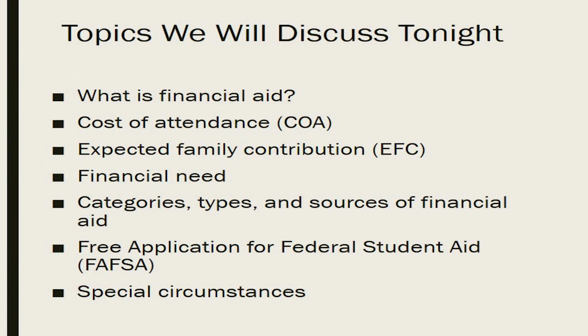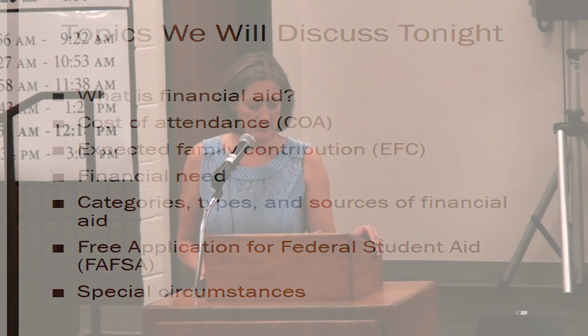The first thing we're going to talk about is what financial aid is, the cost of attendance and how we come up with those numbers, the expected family contribution, financial need, categories, types, and sources of financial aid, the Free Application for Federal Student Aid, and special circumstances.